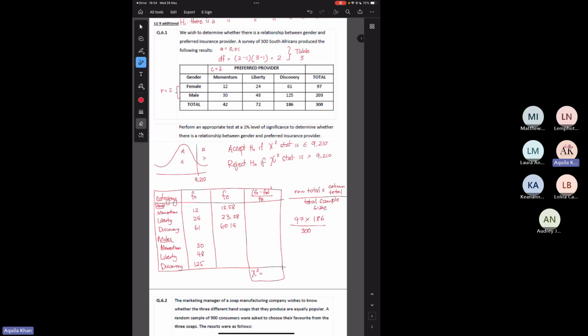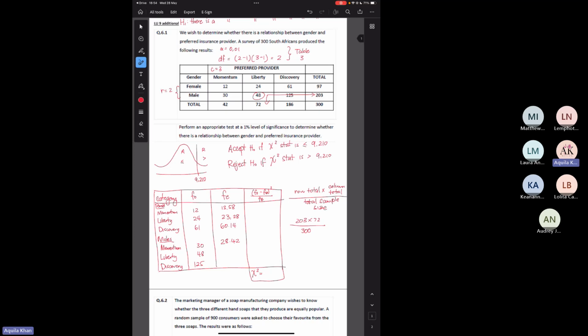Now we can move on to the next one, your males. So move on to the next row. The row total is 203. The column total is 42. So 203 times 42 divided by your 300, that's 28.42. Then the next one is the 48 in the table. So this is going to be row total 203, column total 72.